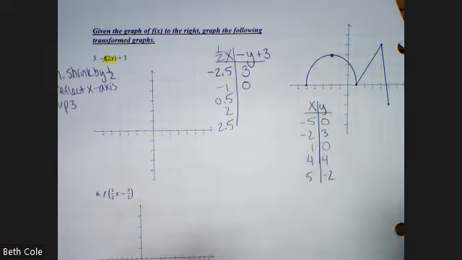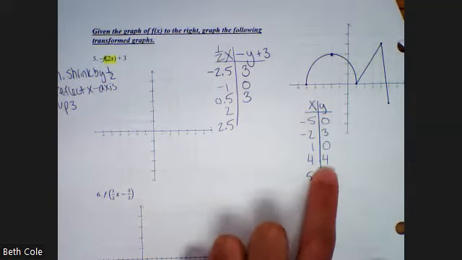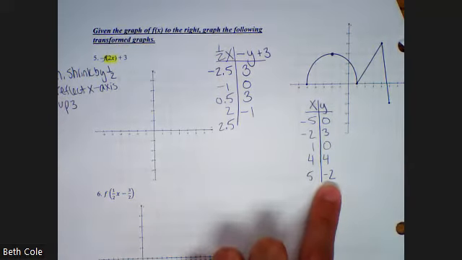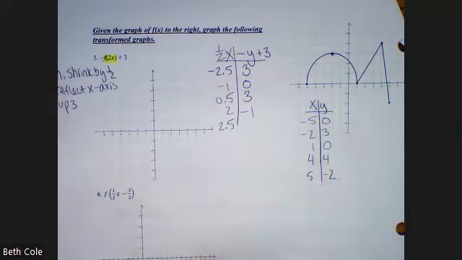This one, 0, again, is going to give us +3. Opposite 4, you will get -4 +3, -1. And then if you opposite -2, that would be 2 +3 is 5.